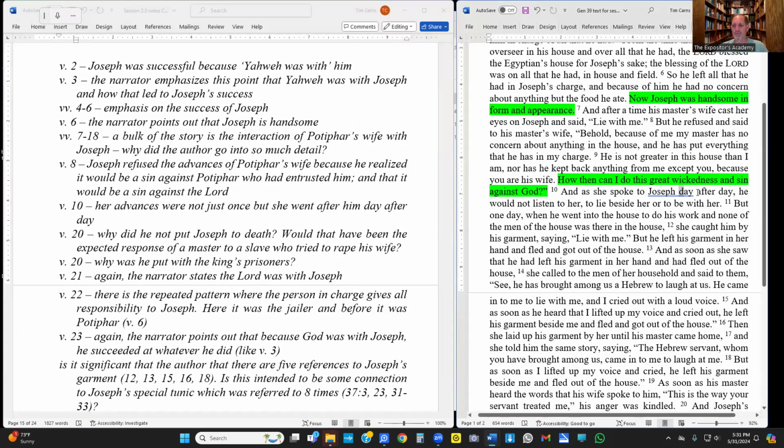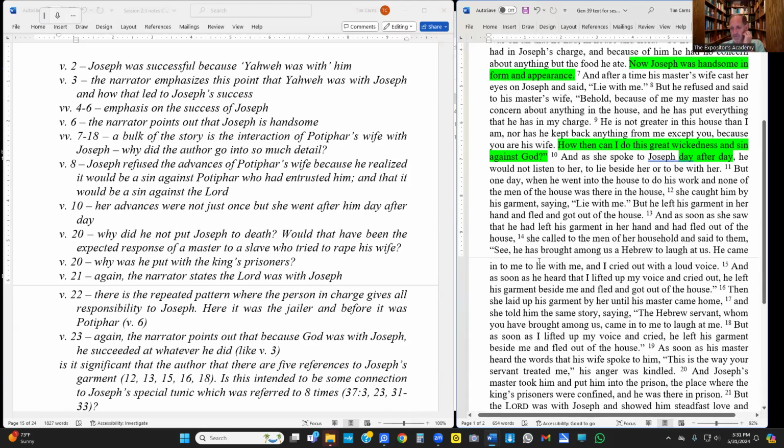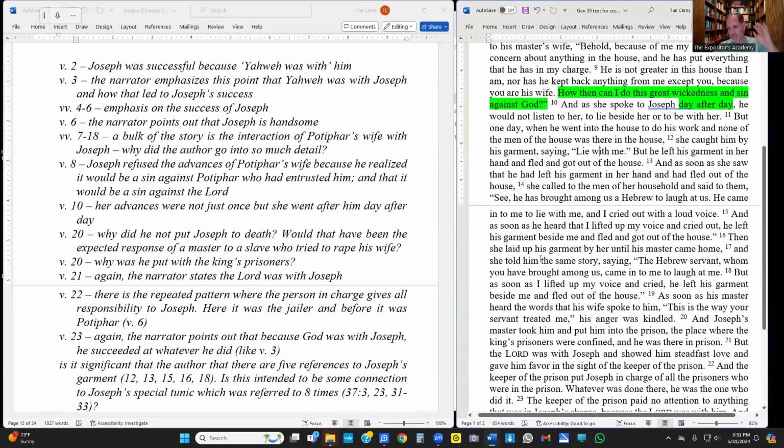Another thing that stuck out to me was how she said day after day, she spoke to Joseph. She kept enticing him, kept trying to make her advances. And then another thing that caught my eye is down in verse 20, after Joseph was accused by Potiphar's wife.